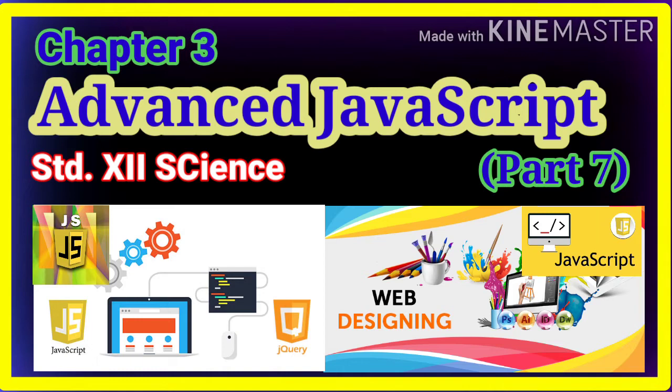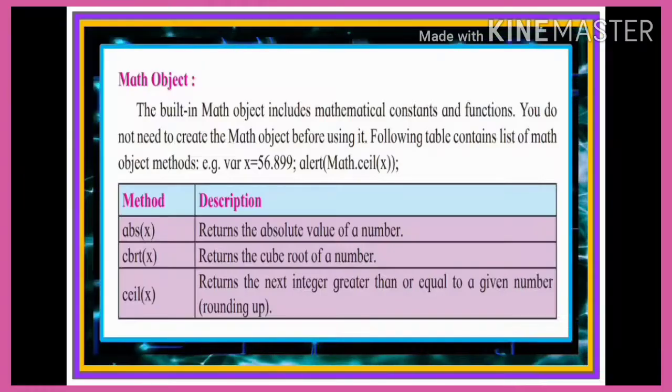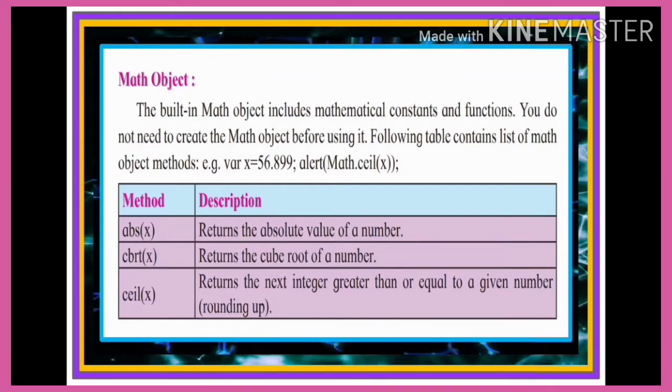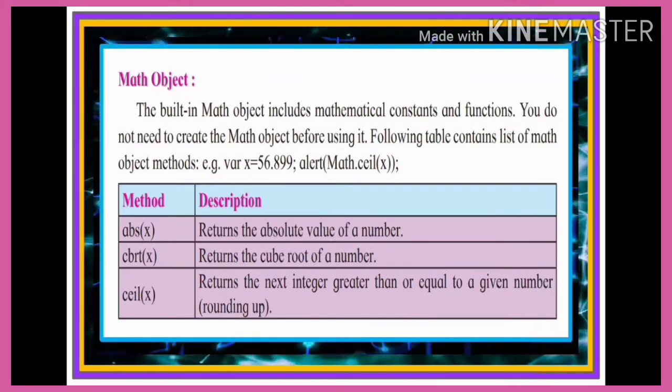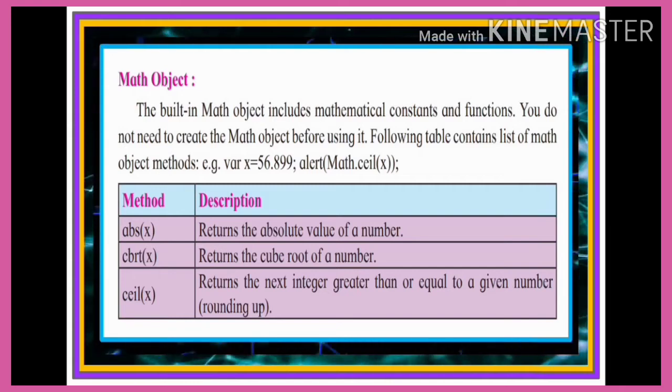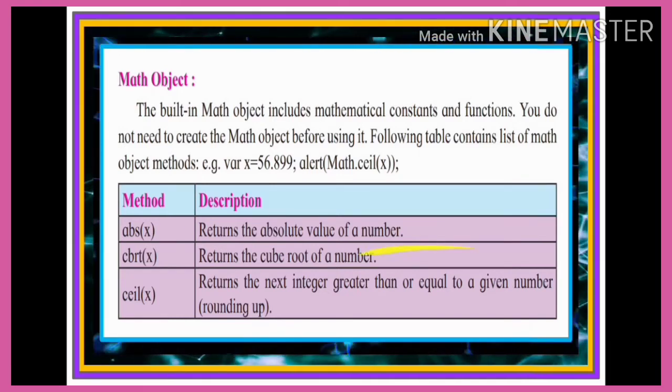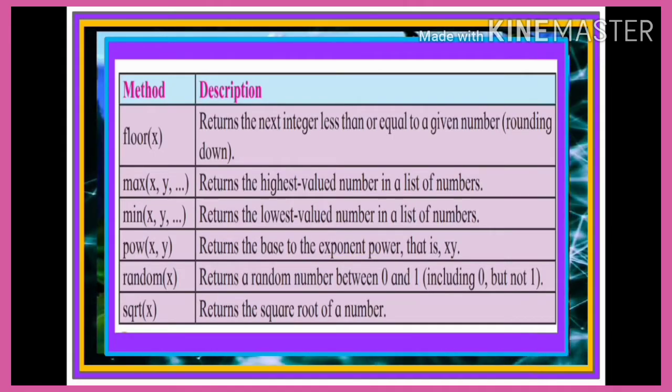Today we are going to start part 7 of Chapter 3, Advanced JavaScript. In our last part, we have seen one important built-in object, the Math object, and the methods of the Math object.